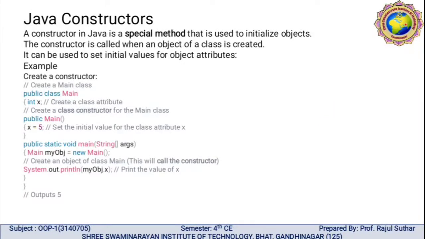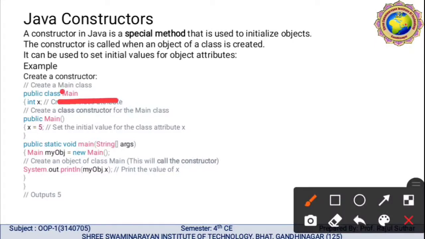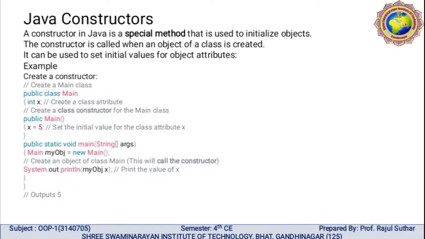Here we create a main class, that is, public class Main. In the body part, we create a class attribute, first integer x, that is, int x, which is called declaration.